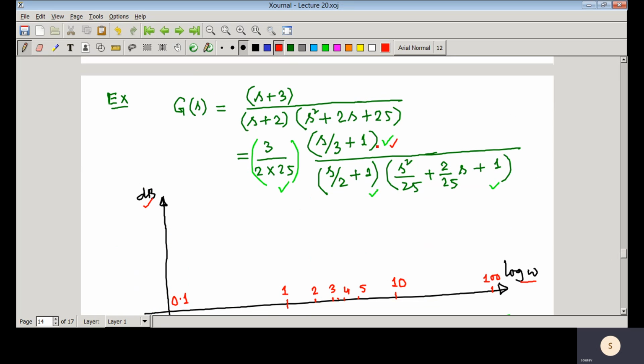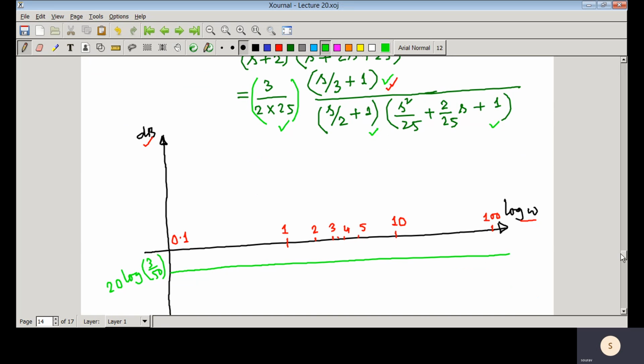For the first term, s by 3 plus 1, the corner frequency is 3. So the asymptotic Bode plot is flat up to 3, and as it is in the numerator, the plot would go up like this, with slope 20 dB per decade. So this is the plot for s by 3 plus 1.